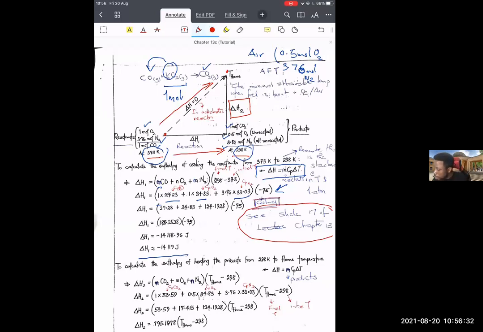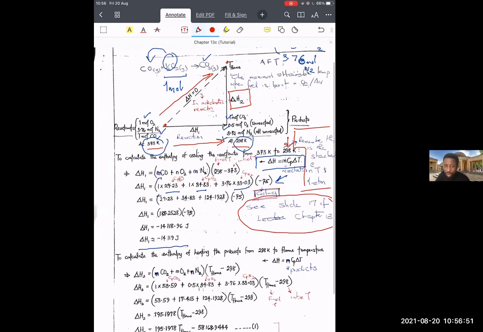Also remember, I've put a note here that this is the standard, so we do that at 298 Kelvin and at 1 atmosphere. That is why we needed to do this. All right, let's move on.